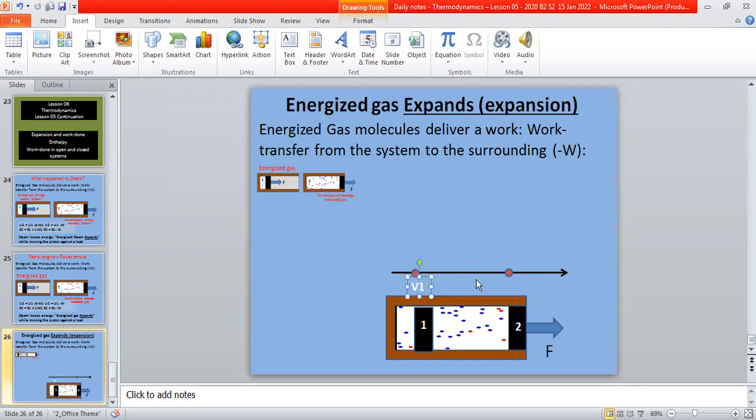I just put V1, the volume at piston position 1.